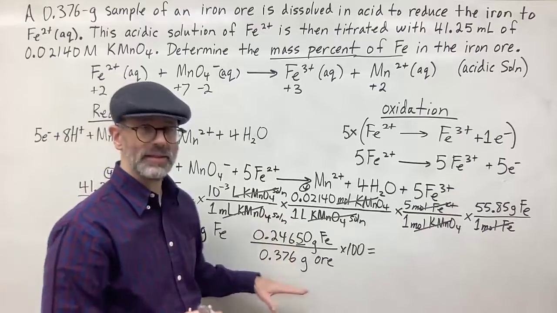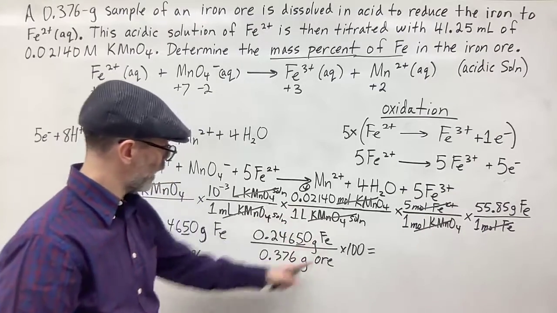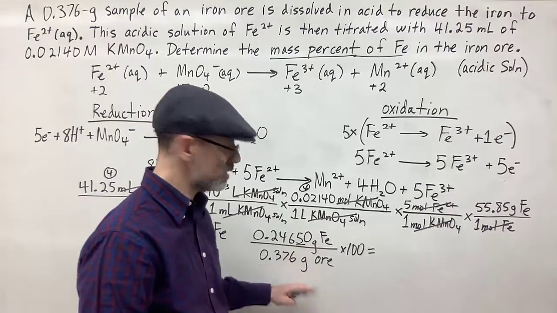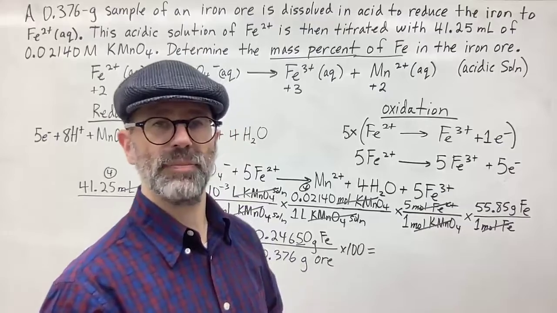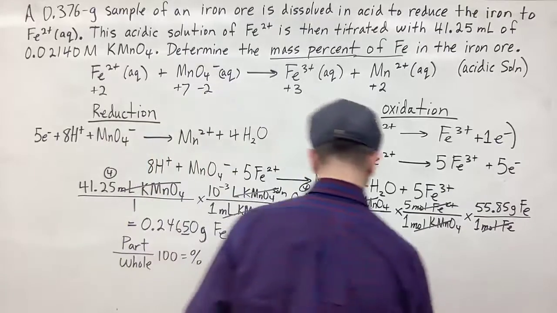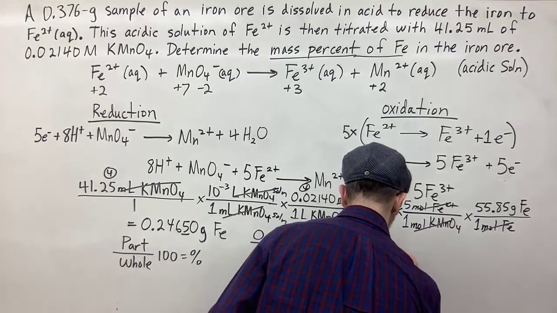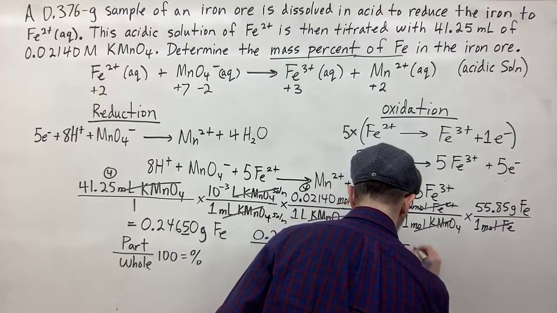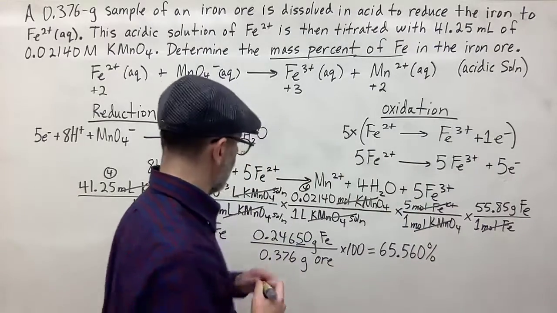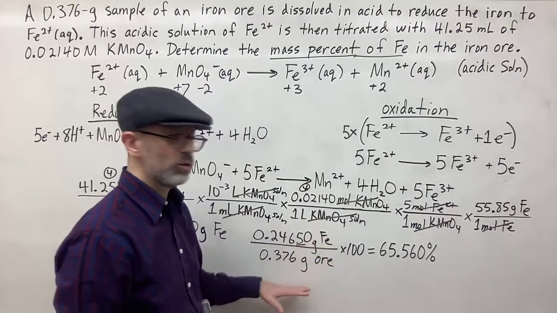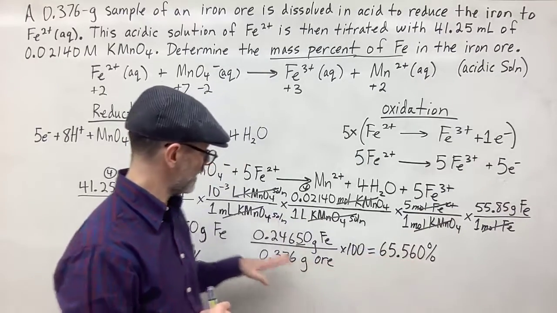So when I calculate this, I get 65.560%. And again, whenever you're multiplying and dividing, your answer should have the same number of sig figs as the least number.